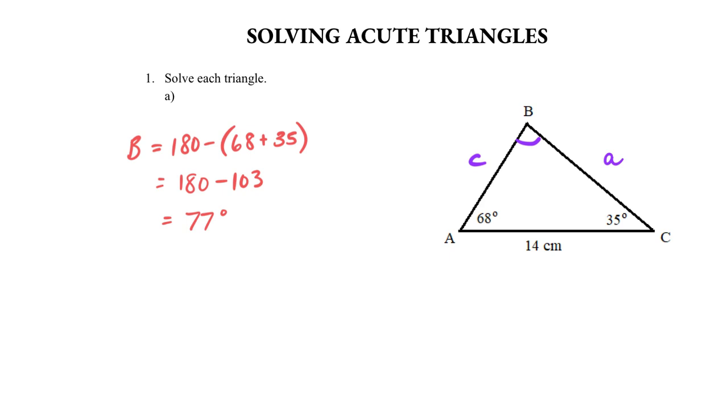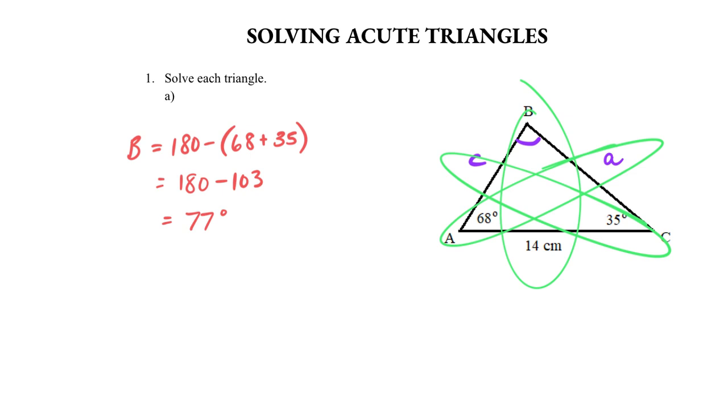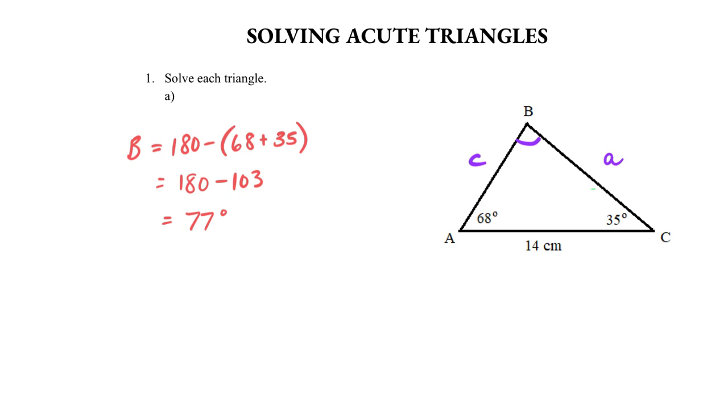But sine law requires an angle and a corresponding side. And you will notice that originally on my triangle, I do not have that. But now that I've solved for angle B, and I know that angle B is 77 degrees, now I do have my magic ratio.